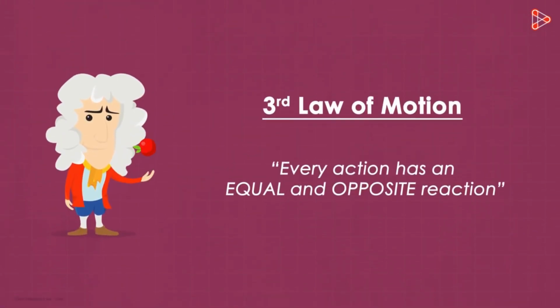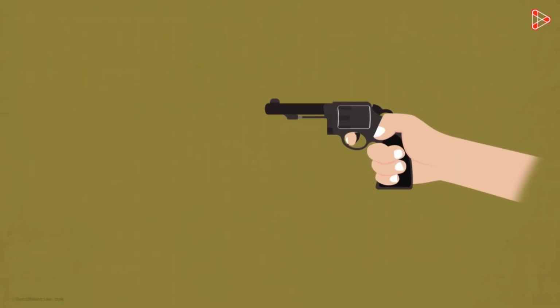We take one last example to understand something very interesting about the third law. What happens when a gun is fired? You're right, it exerts a forward force on the bullet. And the bullet exerts an equal and opposite reaction force on the gun. And this shows in the recoil of the gun. A perfect example of Newton's third law. But hold on.